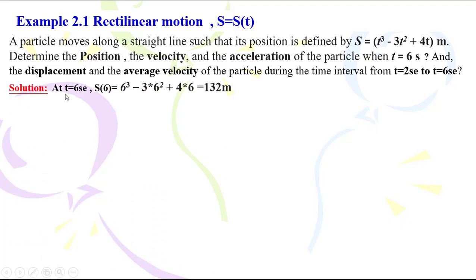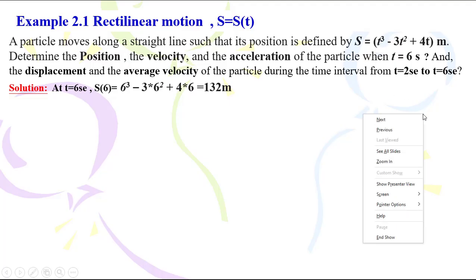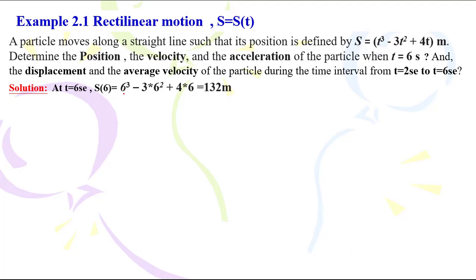First, the solution at t equals 6 seconds: you can substitute into s of 6, which means you substitute in the equation for s as a function of time. Now you can substitute 6 cubed minus 3 times 6 squared plus 4 times 6, then you get 132 meters. Then next, you have velocity, which is ds by dt, the derivative of distance with respect to t.